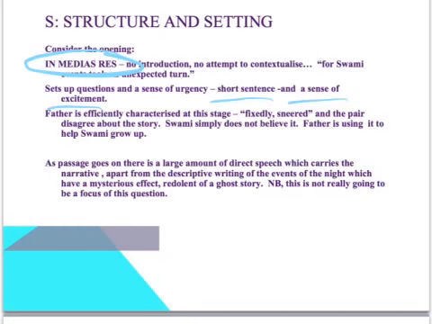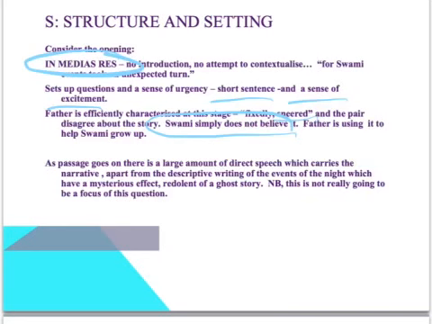In that opening section, the father is characterised quickly at this stage by language associated with him. He stares fixedly, he sneered, as the pair disagree about a story in the newspaper concerning bravery. Father sees this story as the absolute epitome of childish bravery. Swami, on the other hand, simply doesn't believe the story. He just says, well, a boy can't have done that.